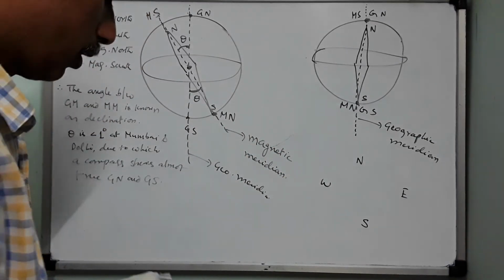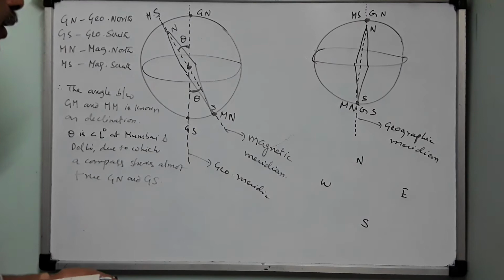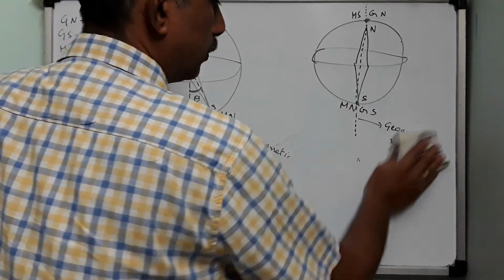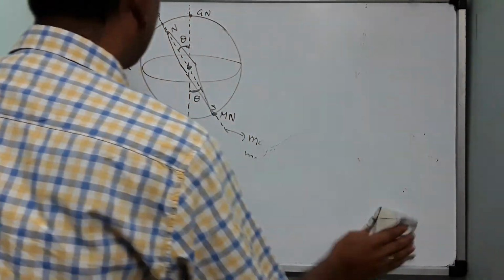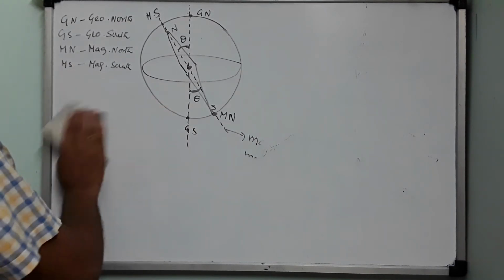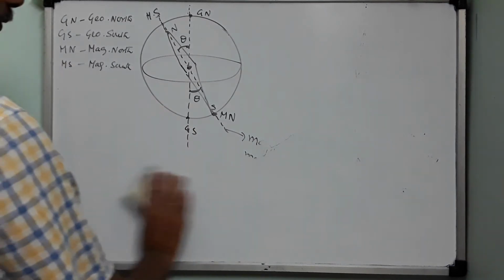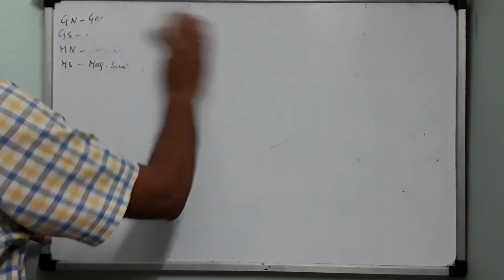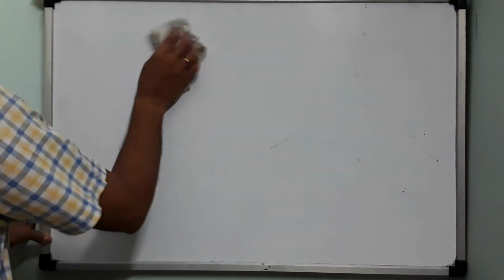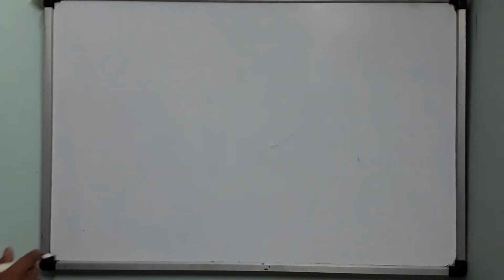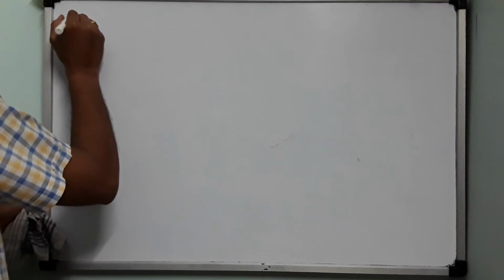Okay, right. Now we will go to define the second quantity, that is nothing but dip. So the other name of dip is what? Inclination. So I remove this diagram also. Number 2.